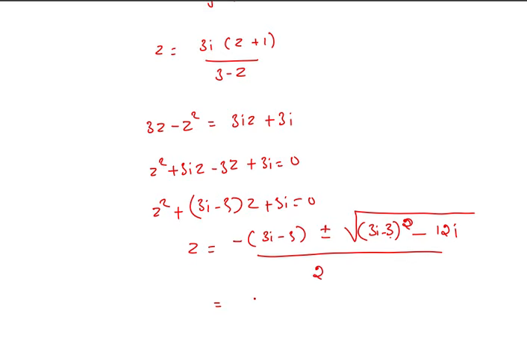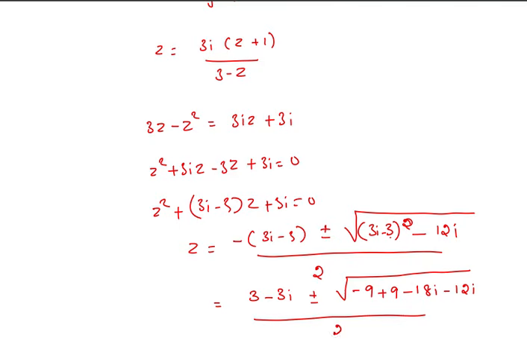So you will get 3 minus 3i plus or minus square root of, you will get minus 9, this one is plus 9 minus 18i minus 12i, divided by 2.